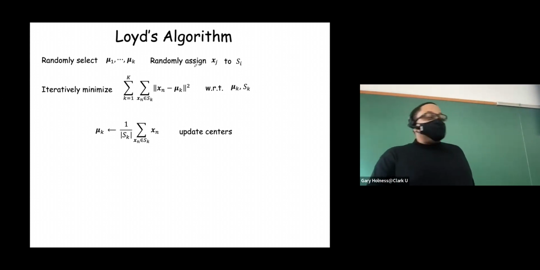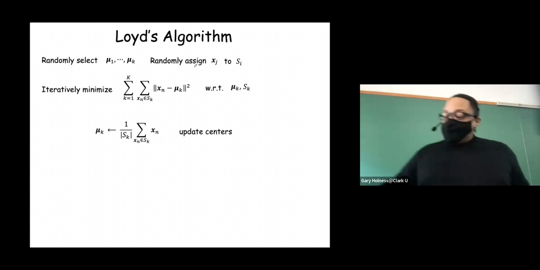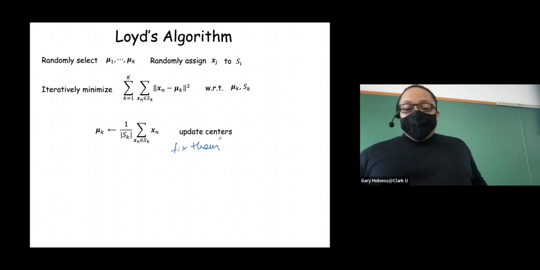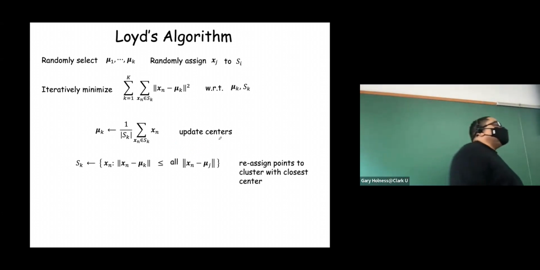And so now that you've updated the centers, you say, okay, my centers are real now. Let me fix my centers. I'm not going to change them. So you update the centers, and then you fix them, meaning you keep them constant. And once you fix them, you now reassign your points to the clusters associated with the updated centers. And so how do you do that?